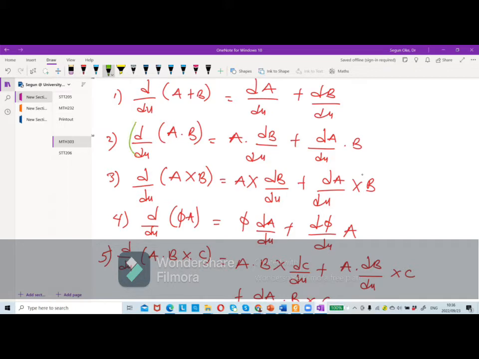What we are doing here is holding A constant and differentiating B. There is no rule that you can't put the dB/du or dA/du in front, it is still multiplication. Order does not matter.